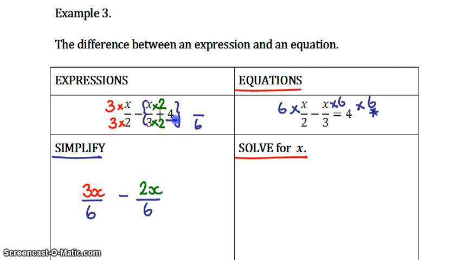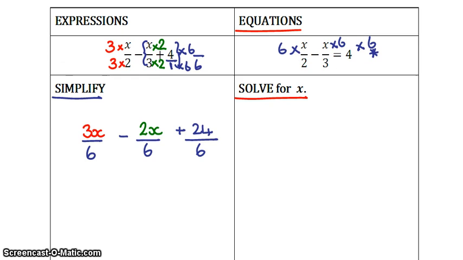And I can multiply the denominator 1 by 6 as long as I multiply the top by 6, and then I'm not changing the meaning of my fraction. But I can't just magically multiply by 6 to get rid of it. I can only do that in an equation, because as long as I do one thing to one side and I do the same thing to the other side, it's fine.